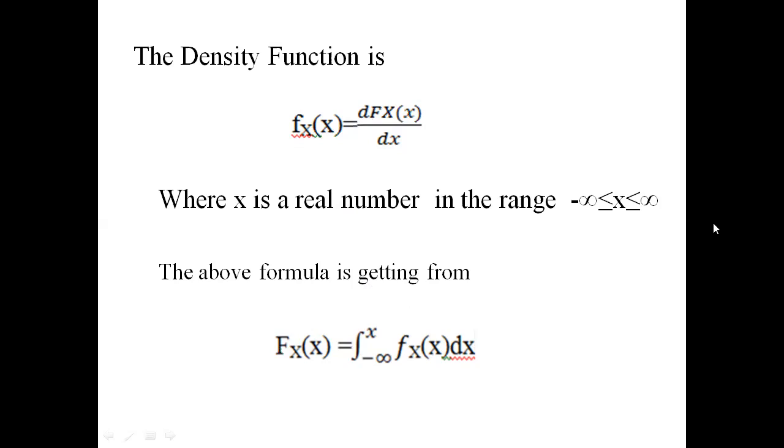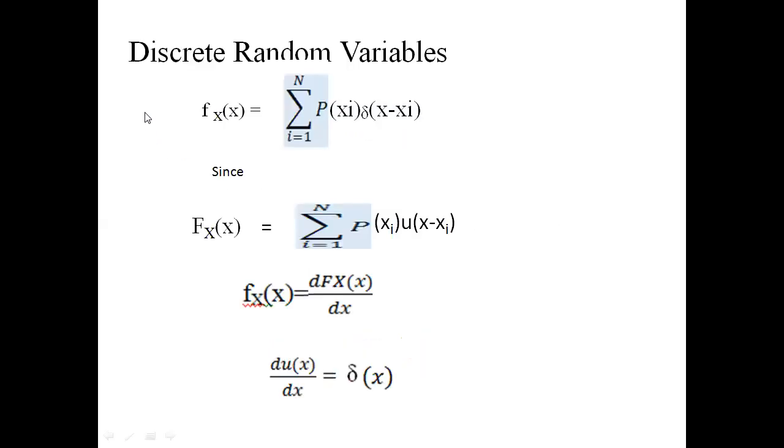Now, what is the density function for discrete random variables and for continuous random variables? Take the first one, discrete random variables. Small fx of x, the density function, is equal to summation i equal to 1 to n p of xi delta of x minus xi. How are we getting this formula?